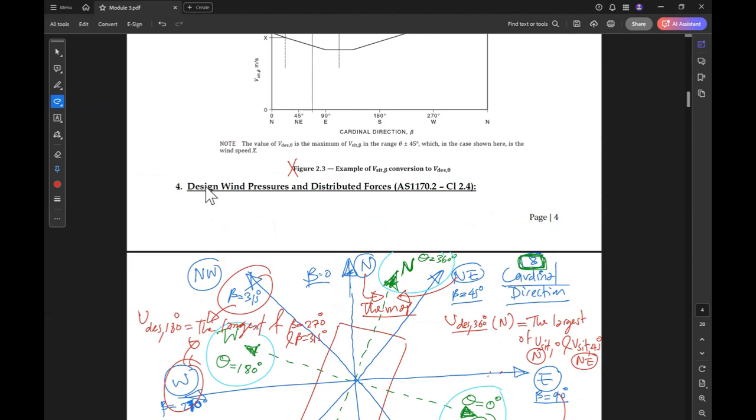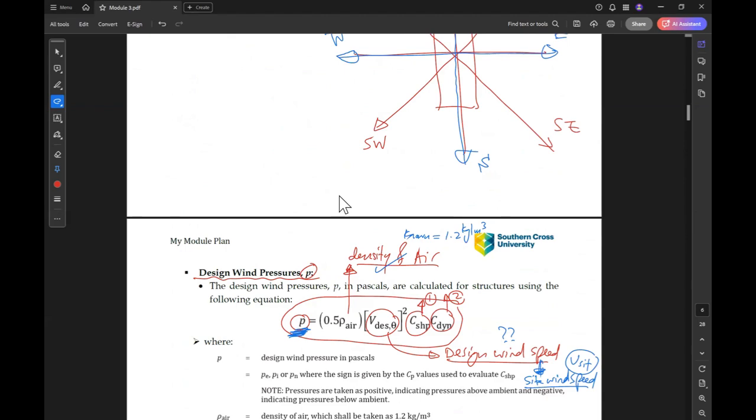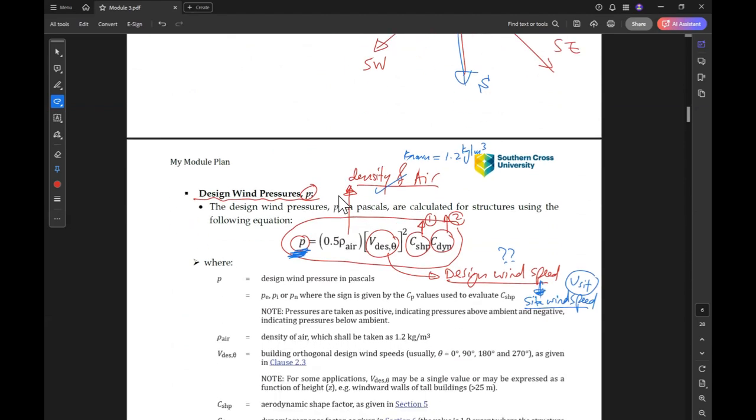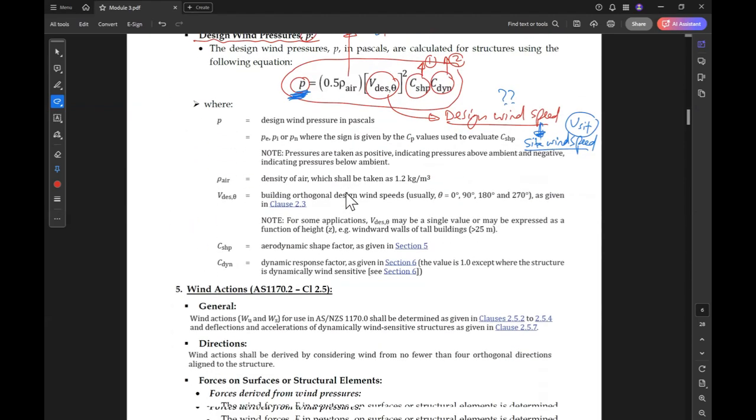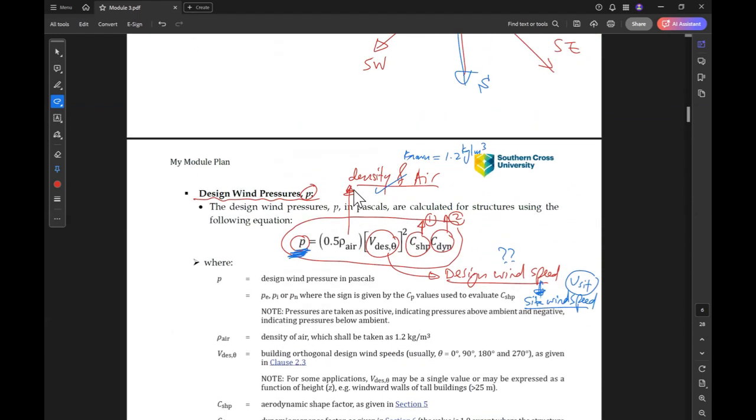Now, if we jump to the design pressure and distributed forces. After we got the design wind speed, this is what we need to design our steel structures. So we need to find the wind pressure.